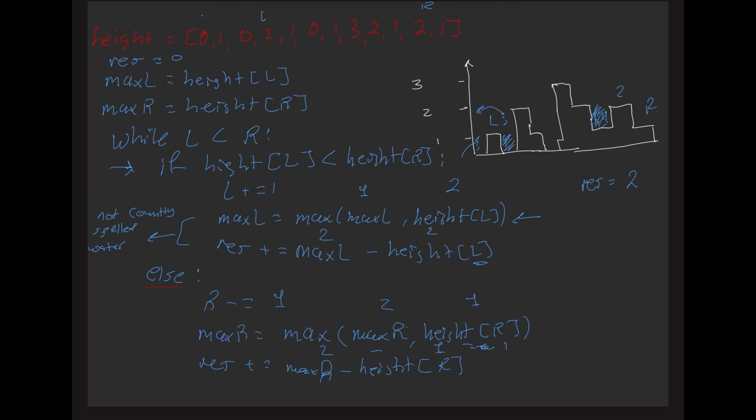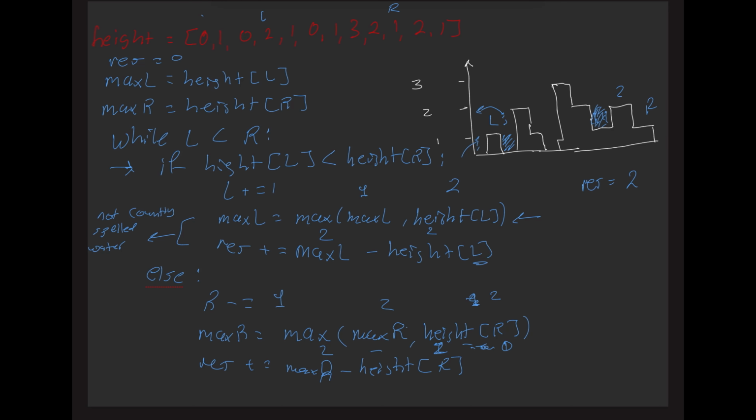So the right pointer has shifted to here, and our left pointer at this point is 2. 2 is greater than 1, so this right pointer will execute again. So our right pointer will be height of 2, which is still the same. So the height is going to be minus 2, come down to 0.